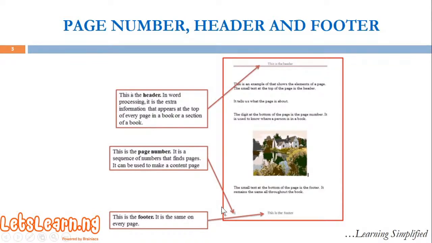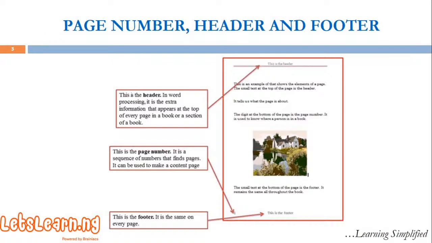Page numbering is a sequence of numbers that allows you to find a page easily. They can be used to make a content page. Example, you might be asked, how many pages are in this book?